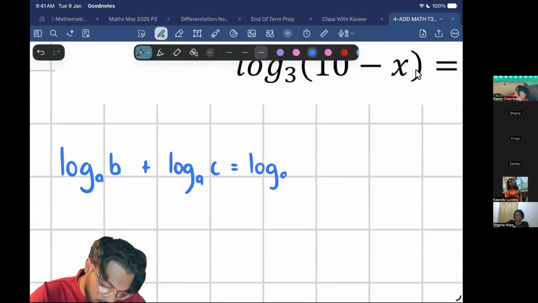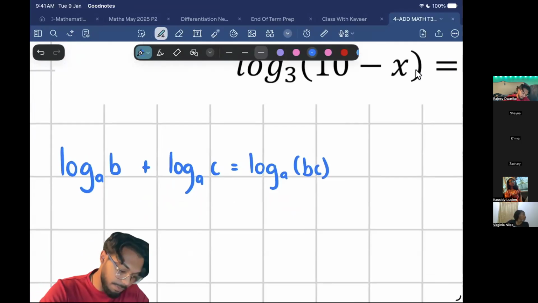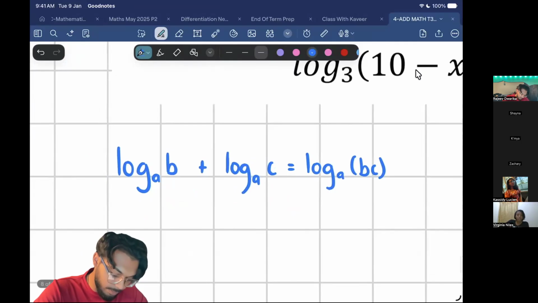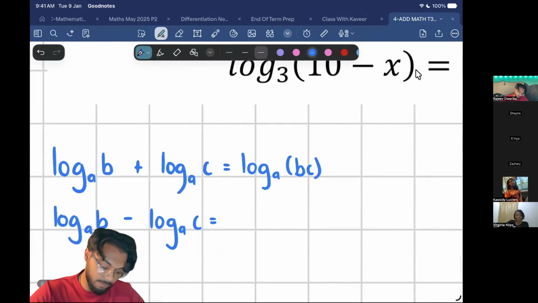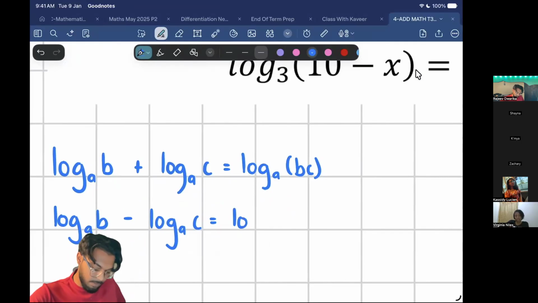Log base a of bc. Good. That's the product rule, yeah? If I have log base a of b minus log base a of c, what would that be equal to? Log base a of b over c.